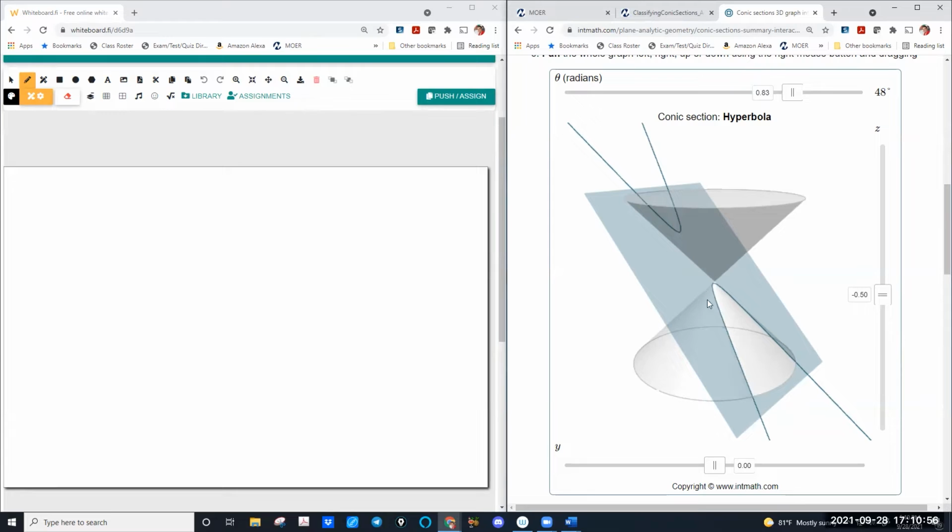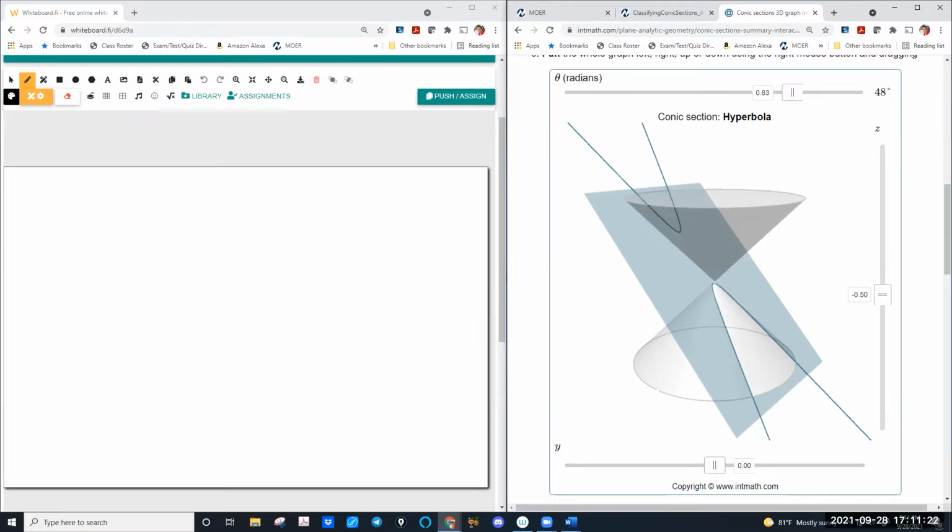Hyperbolas are really interesting and have a lot of cool properties too. There's a lot of overlap between the properties of hyperbolas and parabolas because they're so similar. So a lot of things we'll talk about with parabolas also work on hyperbolas. But a couple that are unique to hyperbolas would be sundials. Sundials for telling time worked in a hyperbolic fashion.